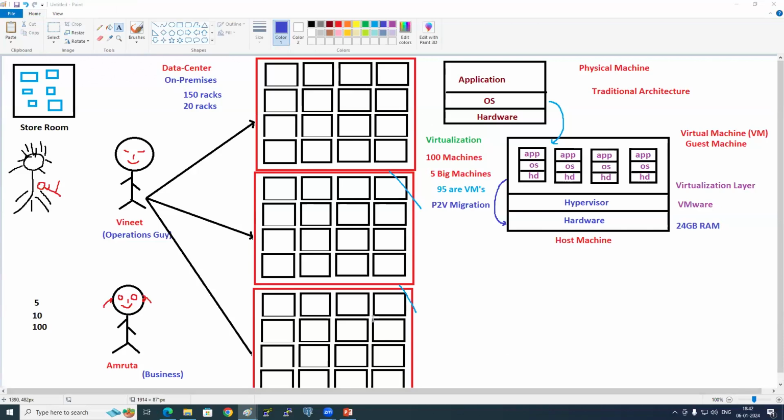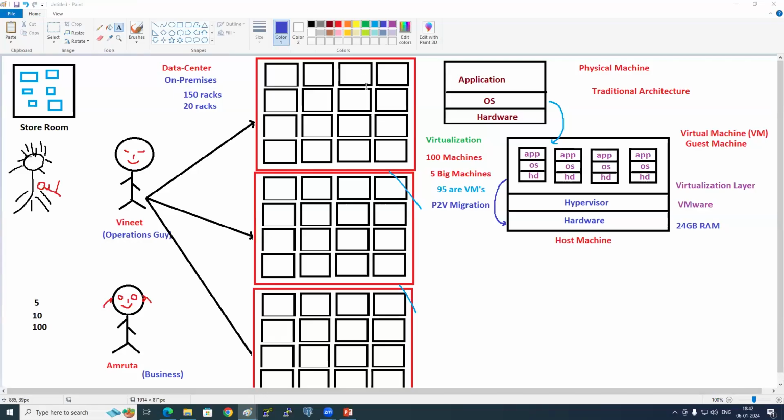Okay. From physical, we have moved to virtual. Now Amruta is good in business, I said. She is going and bringing more and more business, more and more projects.